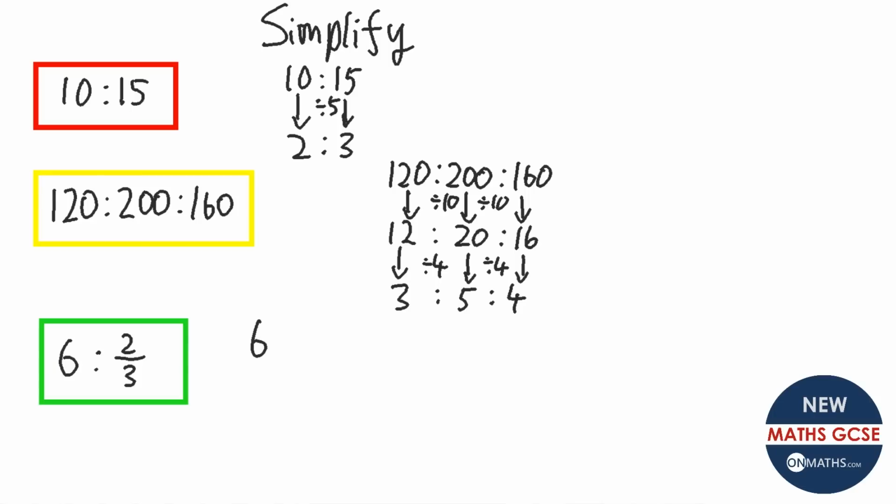Okay, so for the last one, 6 to 2/3. So to get rid of that fraction I need to times them by 3. So I'll get 18 to 2. Now what you might notice is we can go a step further here and we can cancel that down, halving both of those. So that's 9 to 1.